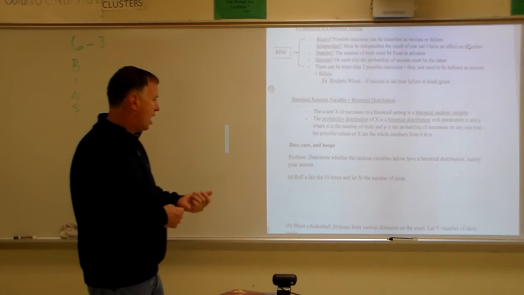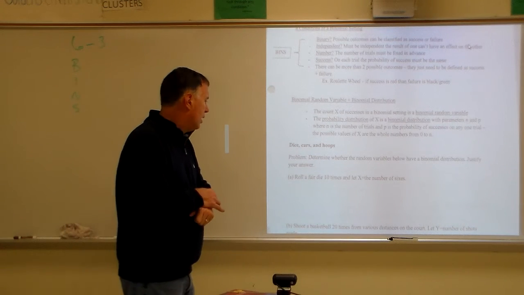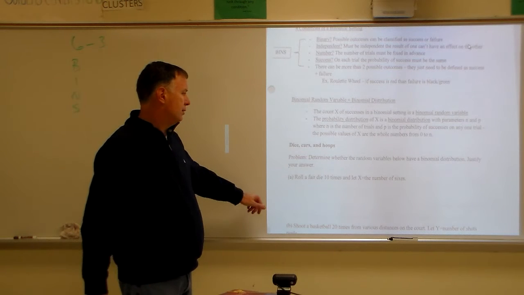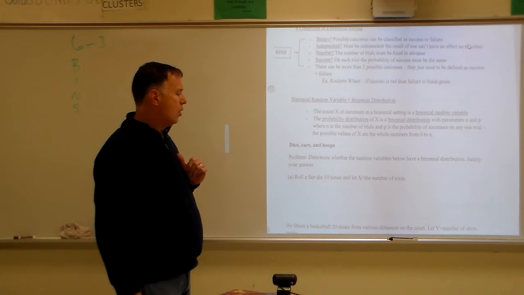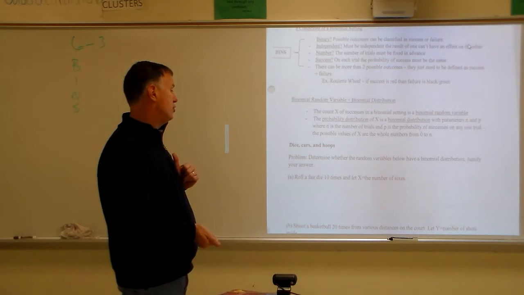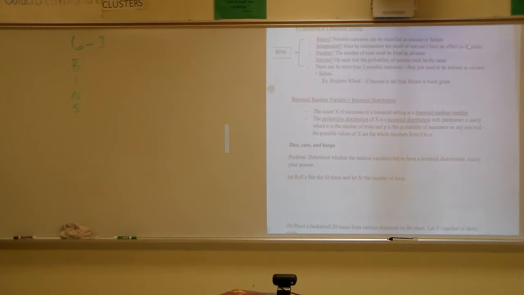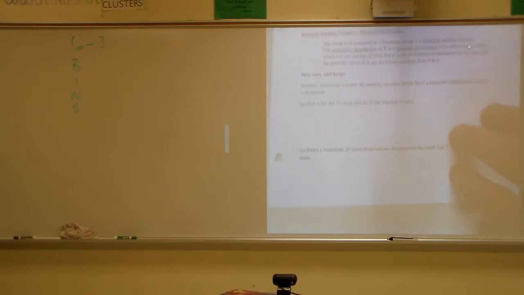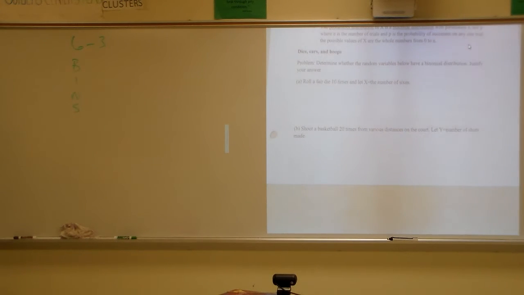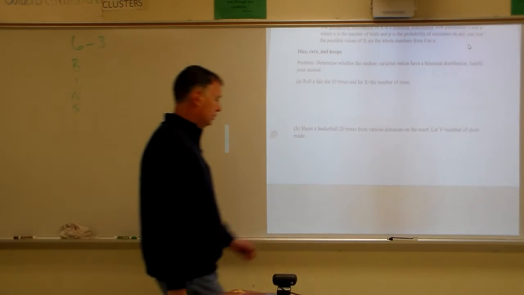Okay, so dice, cards, and hoops. Determine whether the binomial random variables below have a binomial distribution. Justify your answer. Let's take a look. We've got 2 of them here.